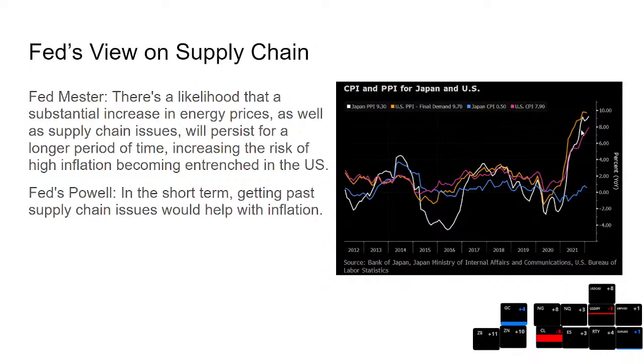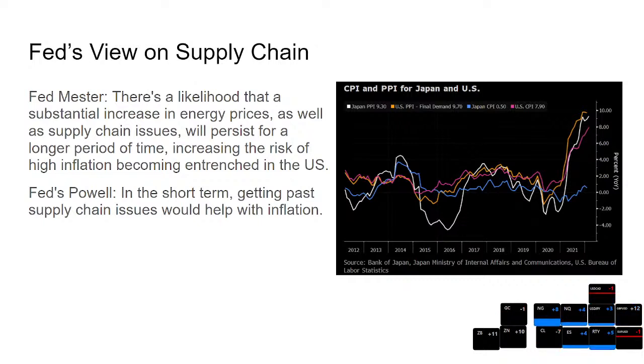But as we can see here, this shows you how the producer price index compares to the CPI index. And if you see the CPI index moving in line with the PPI index, as we can see for the US with their CPI here and their PPI there, then that spells some negativity.